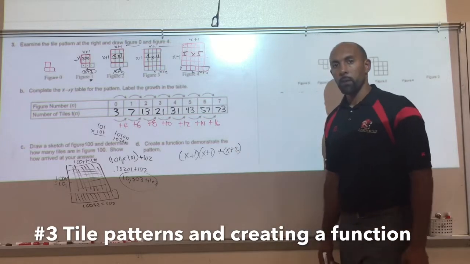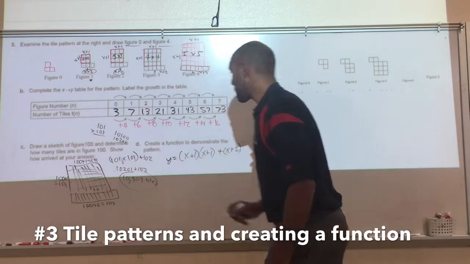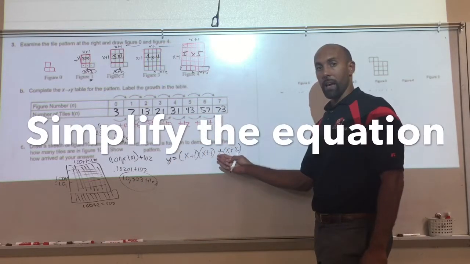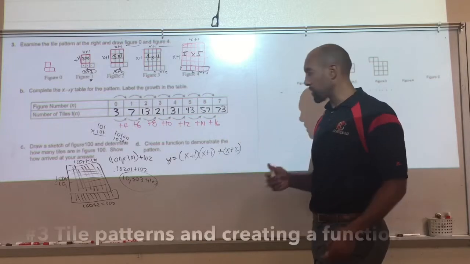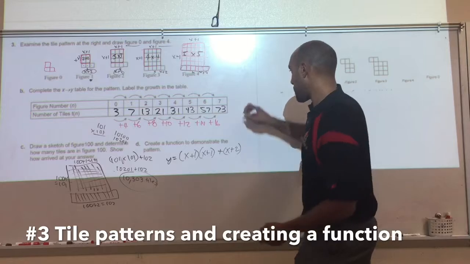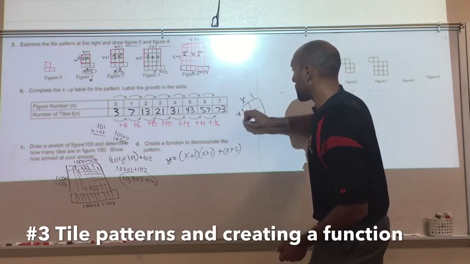All right? So now I have to simplify this function. And remember, we would start with y equals. So now I have multiplication here, and I have adding here. So what do? Multiplication first. So here, I'm going to use the box and multiply x plus 1 and x plus 1.